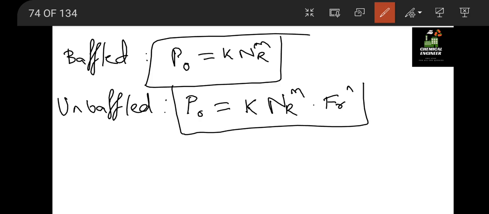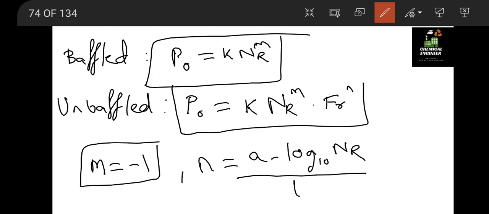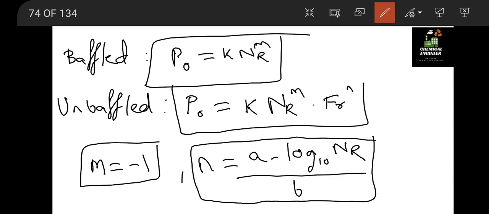Here m is generally equal to -1 and n equal to a minus log base 10 Reynolds number divided by b, where a and b are constants that should be given in the question.